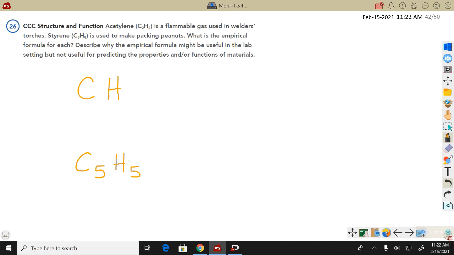Now, if I had a compound and I knew that its empirical formula was something like C2H3, that's an empirical formula. That's a simple ratio. It's the lowest ratio. I can't simplify a 2 and a 3. Well, how might that be useful?